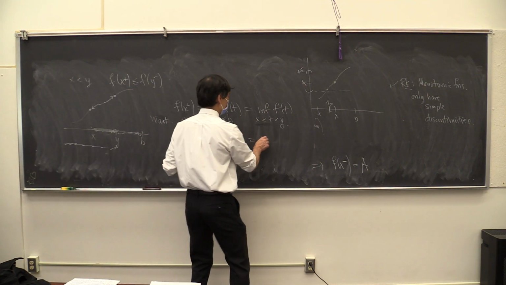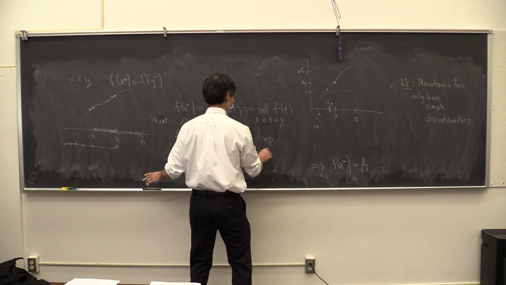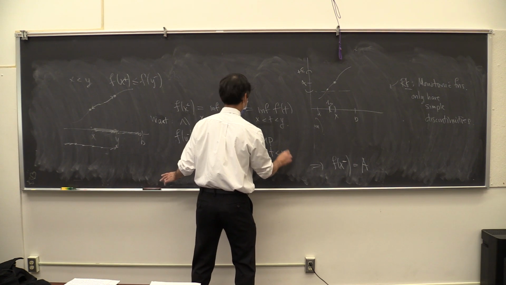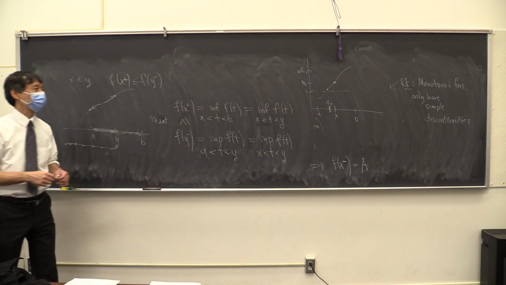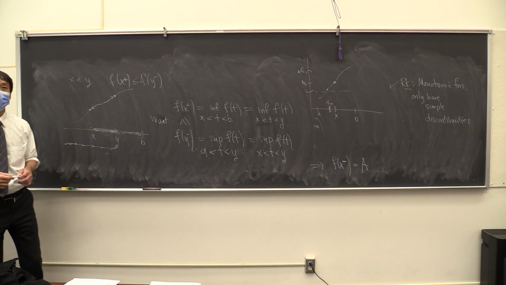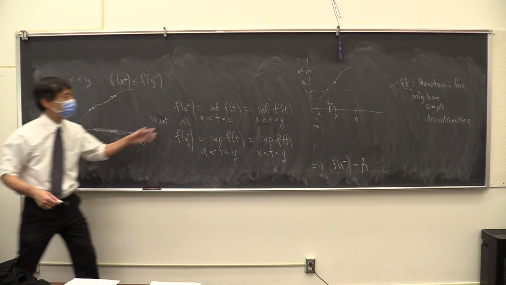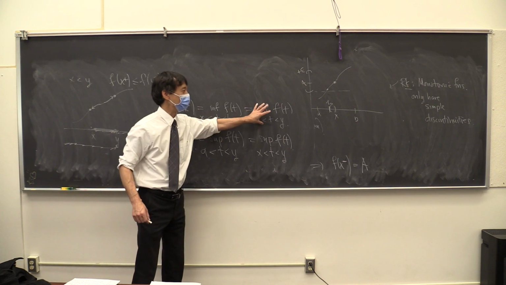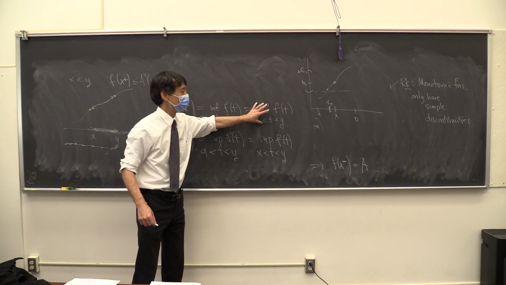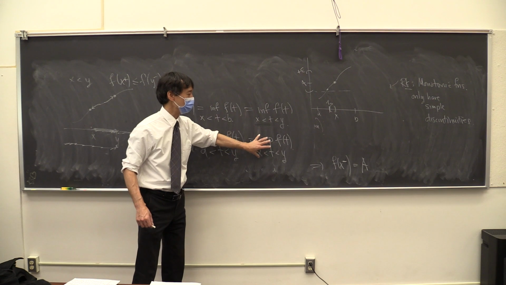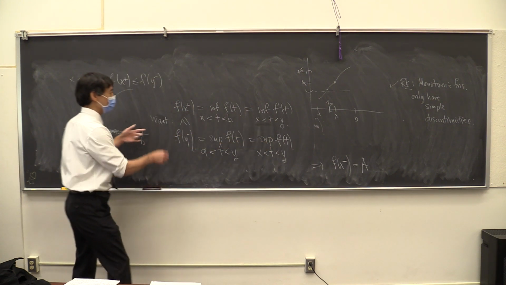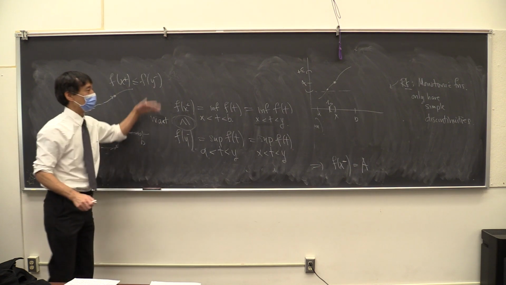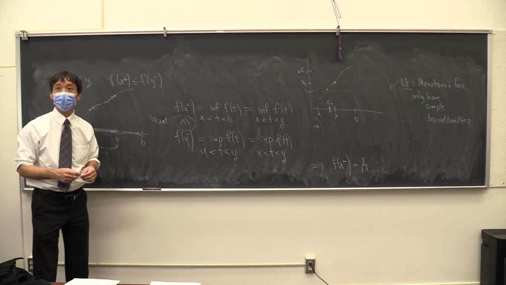Similarly, I can throw out the guys to the left here. And so you see that this is obvious. Certainly the infimum over that set is less than or equal to the supremum over that set. That's what you wanted. You wanted to show the upper guy is less than the bottom guy.